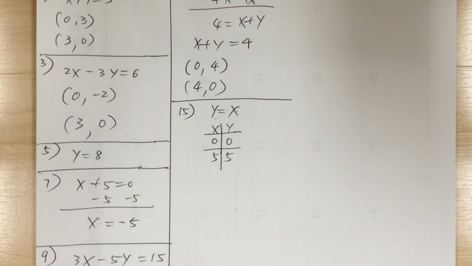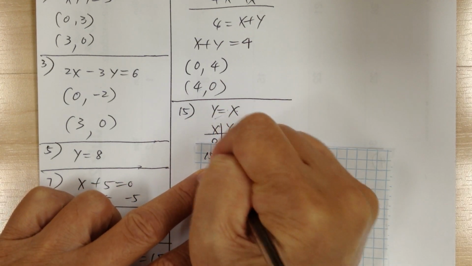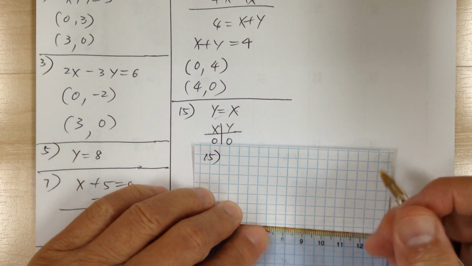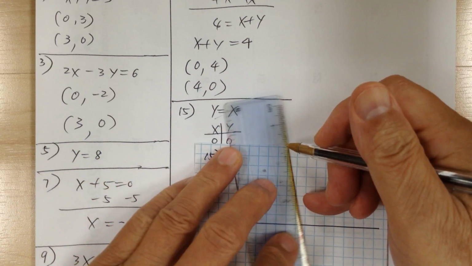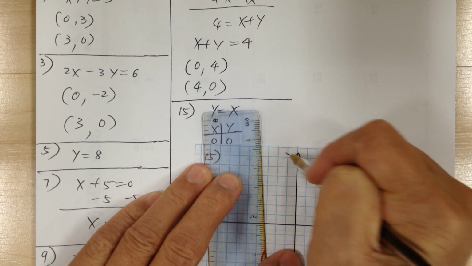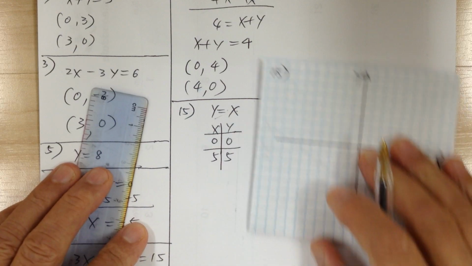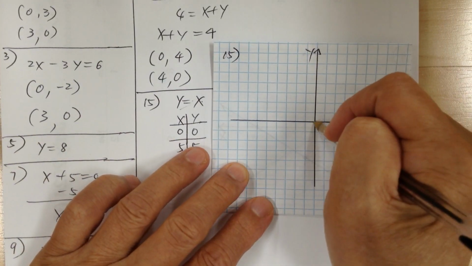Okay, so let's go to the graph for number 15. The first point is 0, 0.